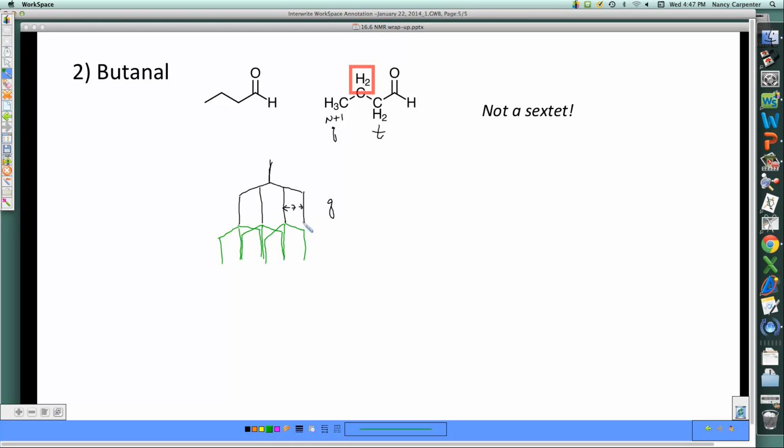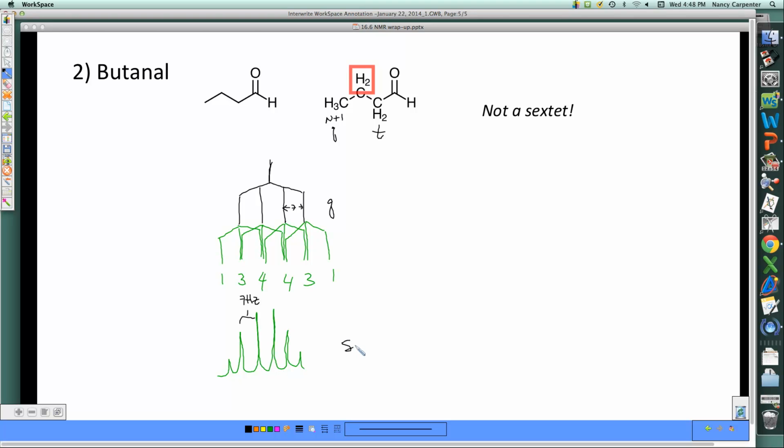So as long as the coupling constants are virtually identical, which they often are if it's just plain old vicinal coupling, we should expect to see a 1, 2, 3, 1, 2, 3, 4, 1, 2, 3, 4, 1, 2, 3, 1, a 1 to 3 to 4 to 4 to 3 to 1 pattern where each of these gaps is the same and is about 7 Hertz.